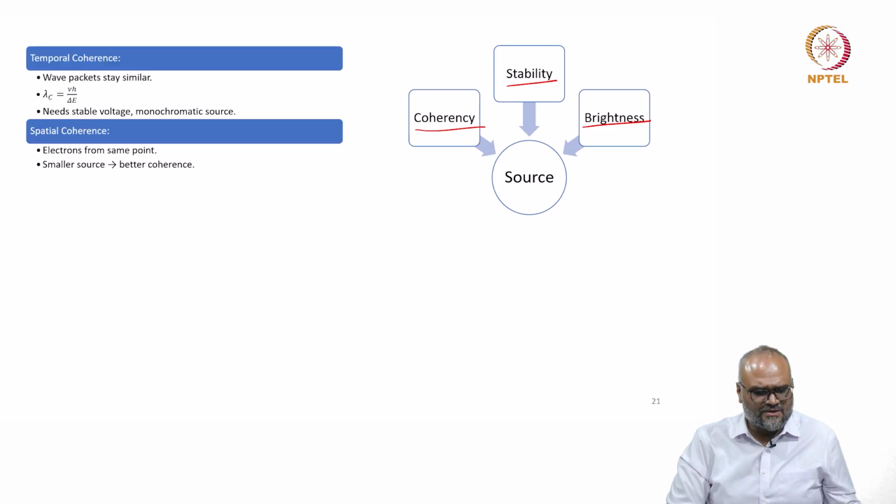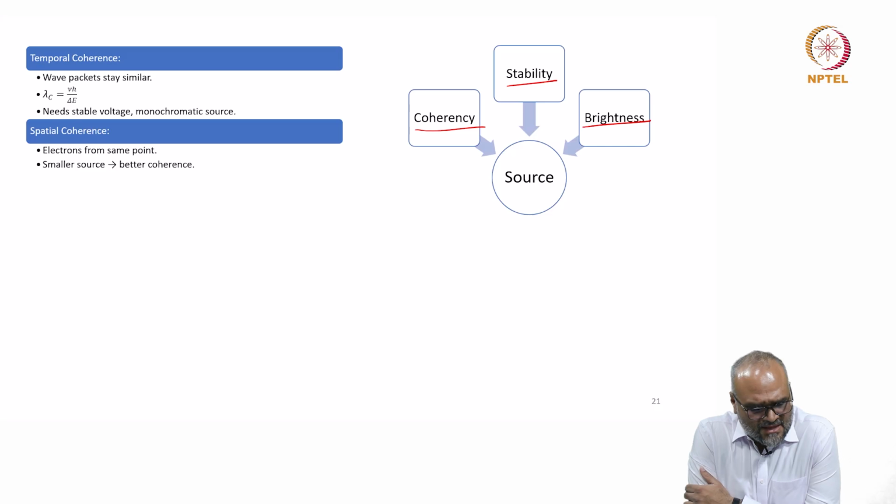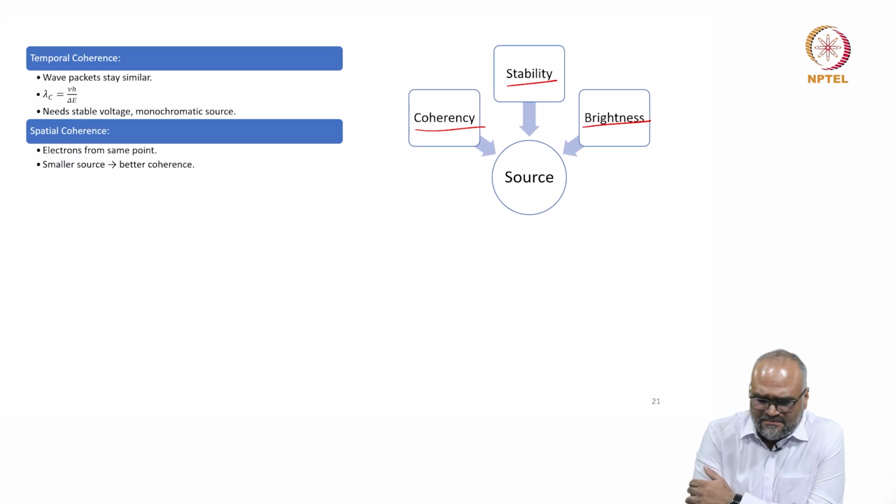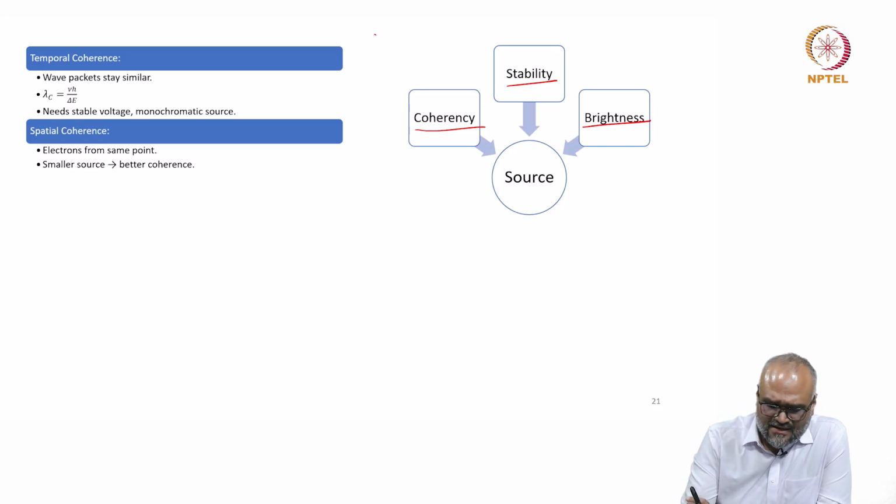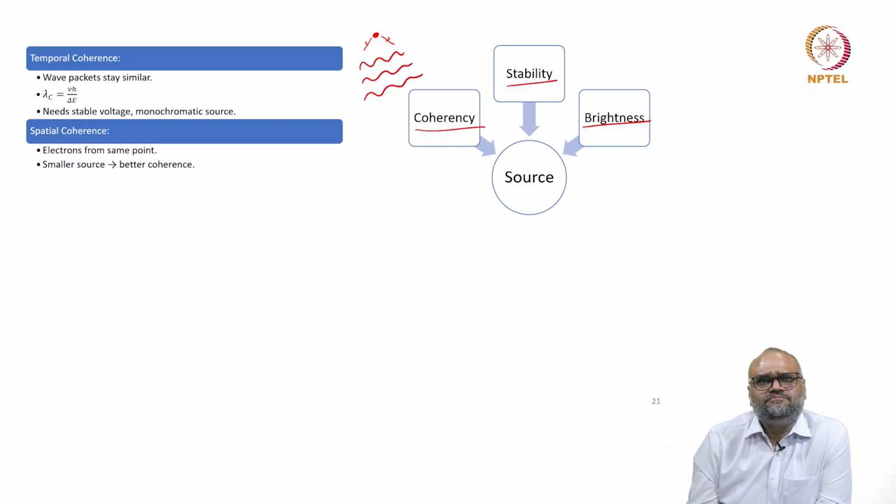If I talk about coherency, there is something called temporal coherence and spatial coherence. Now what exactly is temporal coherence? If I have a source and I am extracting electrons from it, the electrons that are emanated are all sort of in phase.